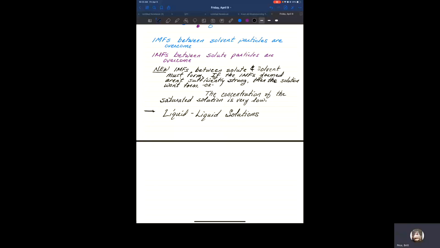And the term that describes how liquid solutions are formed is actually built around this idea of what's called miscibility. So it's another way to think about solubility.